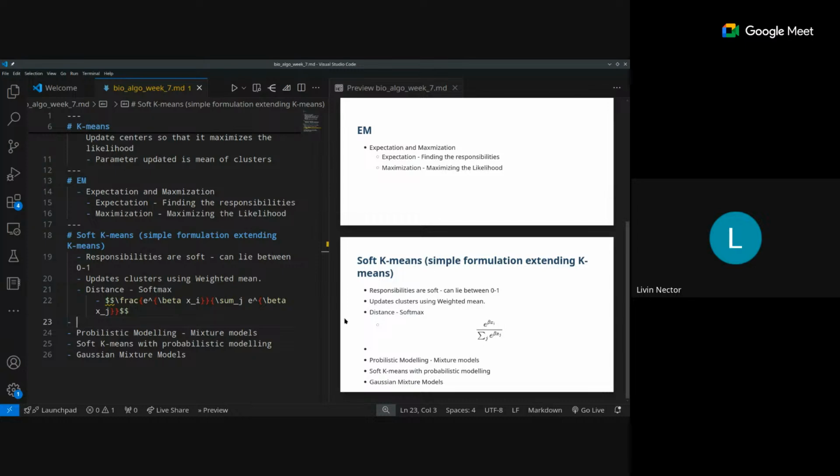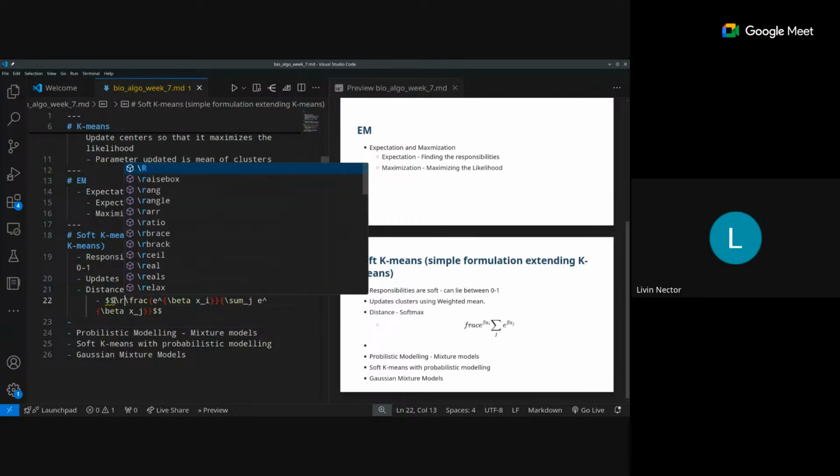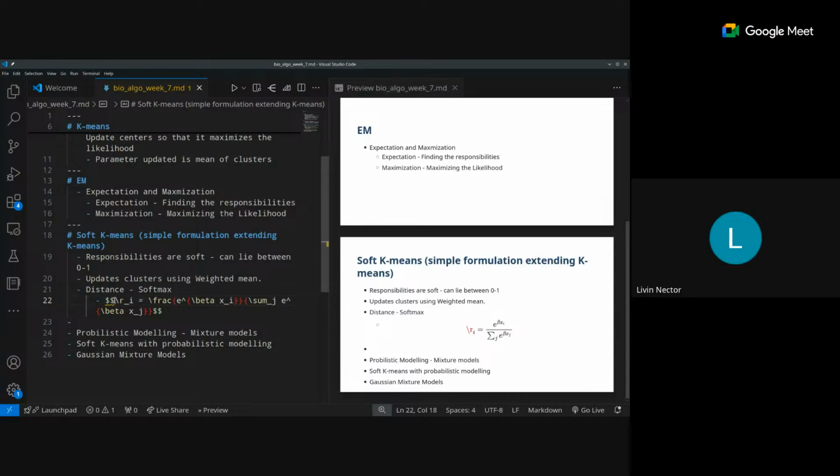So this gives us the responsibilities R_i. These responsibilities act as the weights in the weighted mean calculation that we saw, for the cluster maximization scheme.